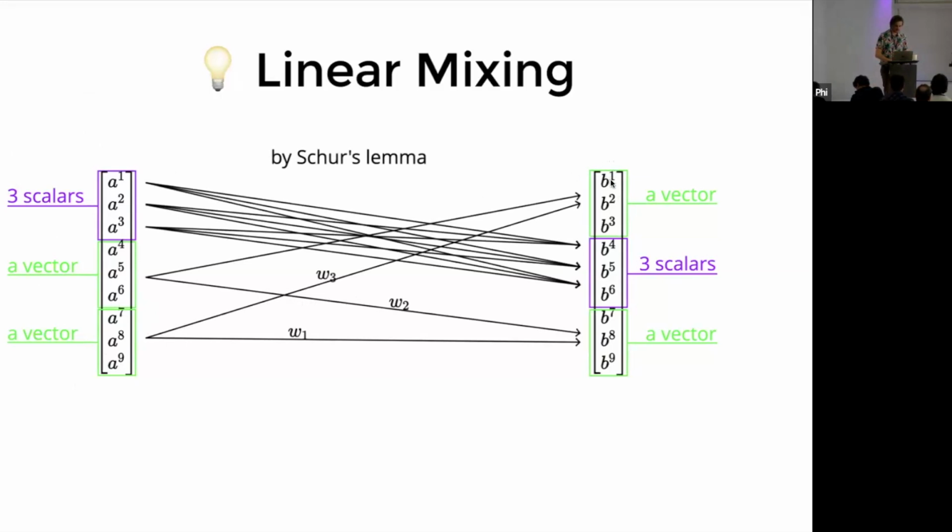So you can create this new vector, the first one, by linearly combining this vector and this vector, but it cannot depend on these scalars. Otherwise, it would either not be linear or not be equivariant. This is how you can typically make a learnable layer in your neural network, by linearly mixing your vectors and scalars among themselves, and then you use the tensor product to make the representations talk to each other.